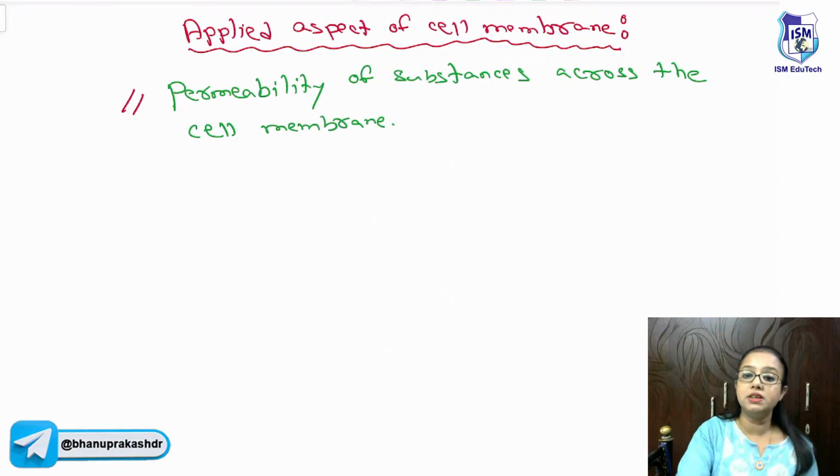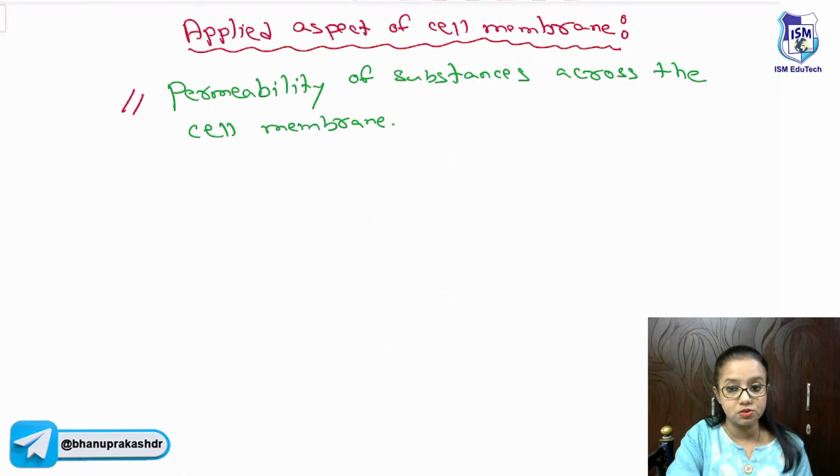Now, permeability of substances across the cell membrane obviously will depend upon which substance is more soluble in water, or how much it is soluble in the lipid, right?